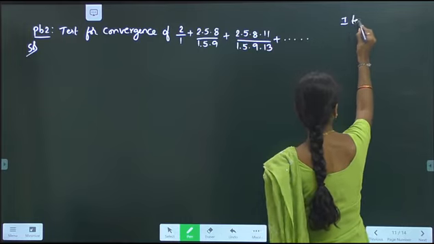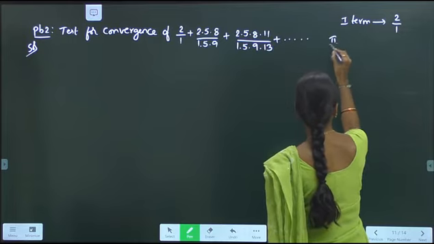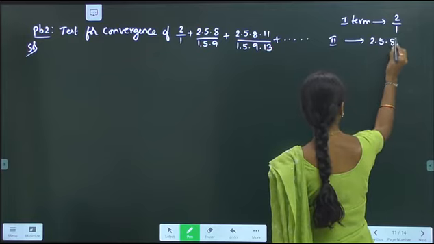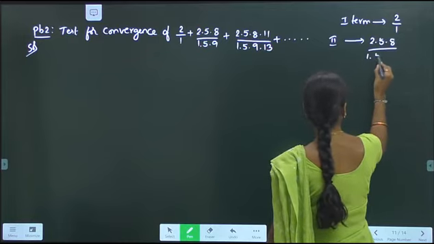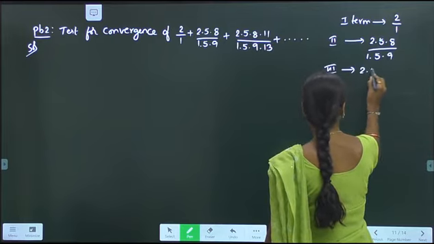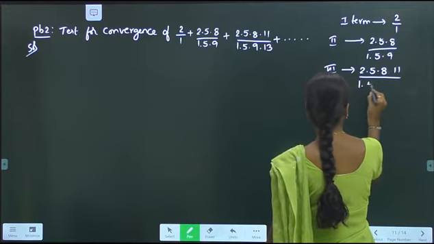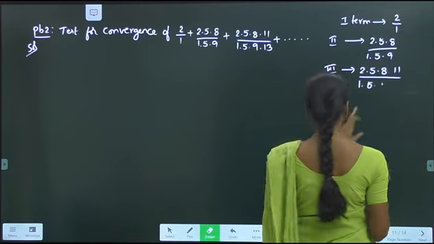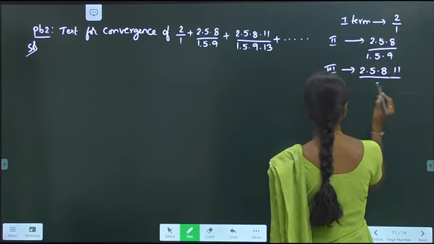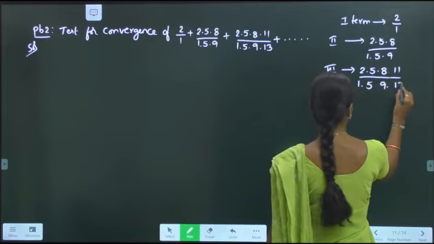So what is the first term? First term is 2 by 1. Second term is 2 into 5 into 8 by 1 into 5 into 9. Then third term is 2, 5, 8, 11 by 1 into 5 into 9 into 13.